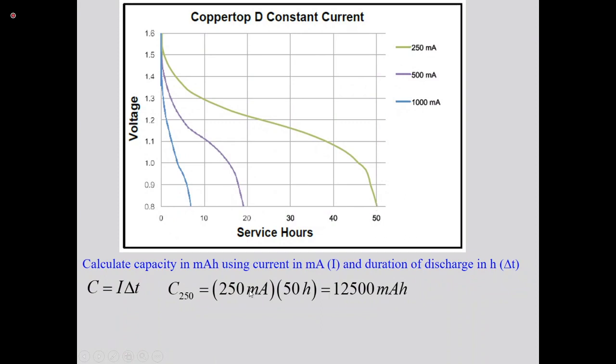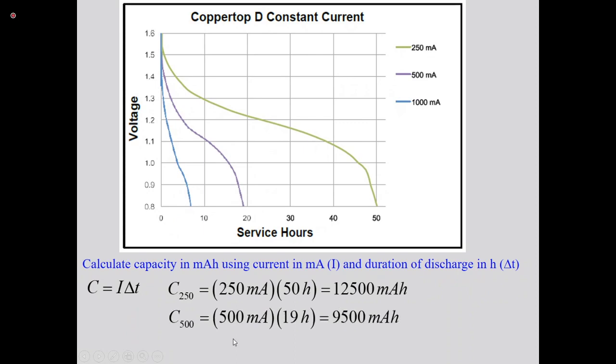So the current times the time, 250 times 50, is 12,500 milliamp hours. That would be the capacity of this D battery at a discharge rate of 250 milliamps.